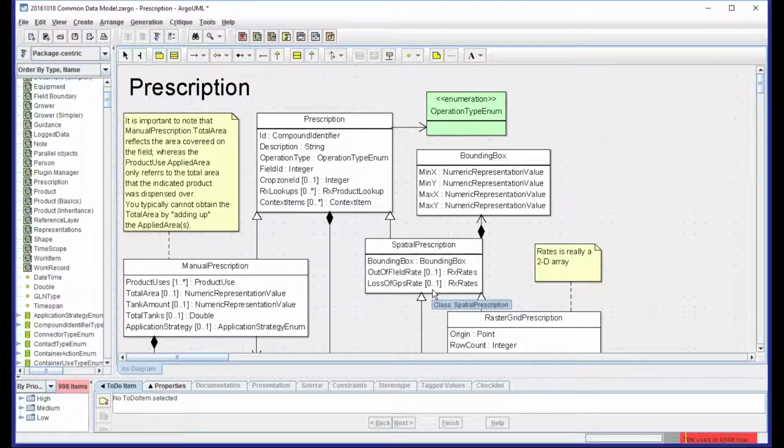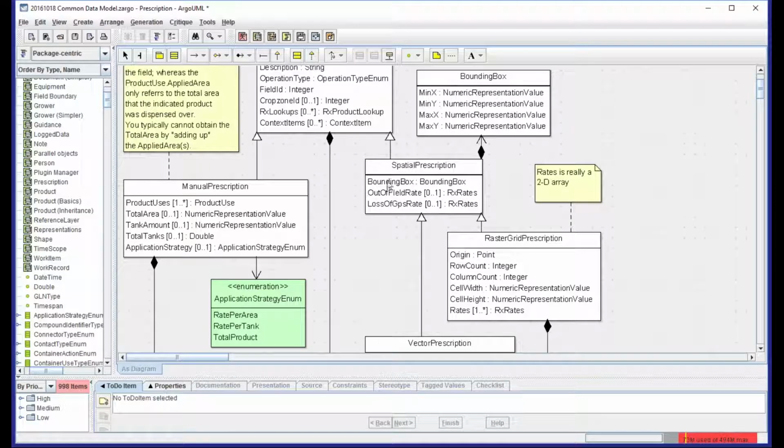Spatial prescription is going to be spatially explicit about where each product was applied and at what rate, whereas manual prescription was assuming that we have one big field or a crop zone. Spatial prescription can break out that field or crop zone into multiple spatial elements, each one of which can be treated separately.